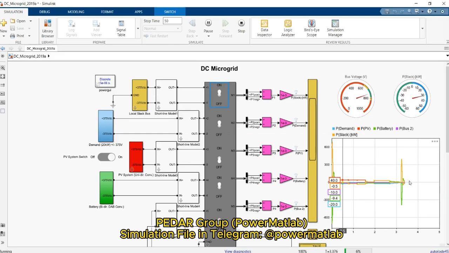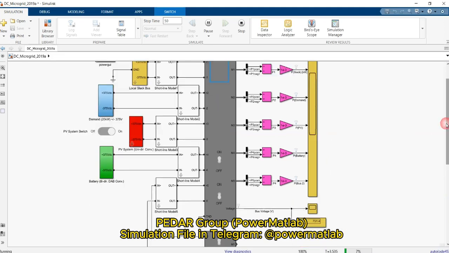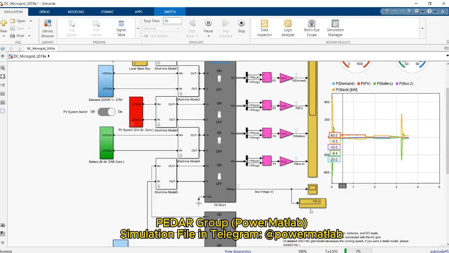As you can see here, some transient happens in the DC microgrid with the aim of reaching a stable condition. Also, you can see the bus voltage, the reference voltage of the system, in this display monitor.